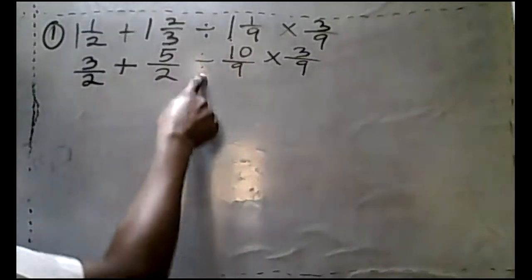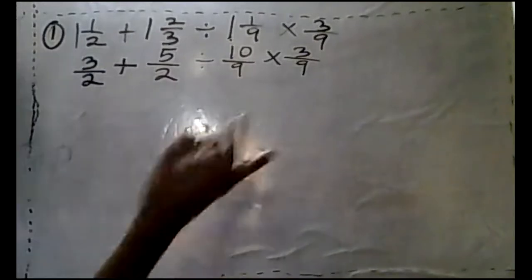Now, following our order of operation, which is BODMAS, bracket, of, division, multiplication, addition, and subtraction, which one are we supposed to perform first? You have addition, you have division, you have multiplication. In our order of BODMAS, which one comes first?